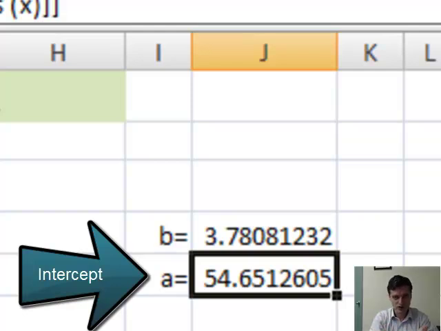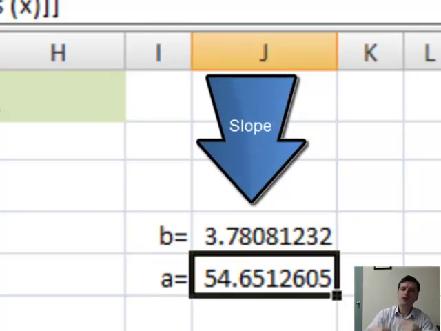So in concrete terms here, that is the number of the score, okay, when the number of hours studied is 0. So if a student studied nothing, 0 hours, that student will, according to this model, get 54.65 points anyway.